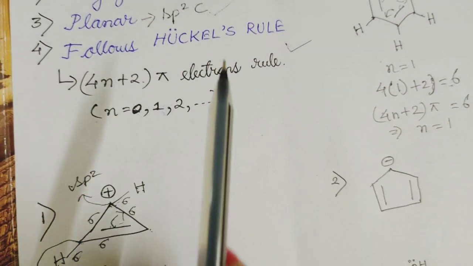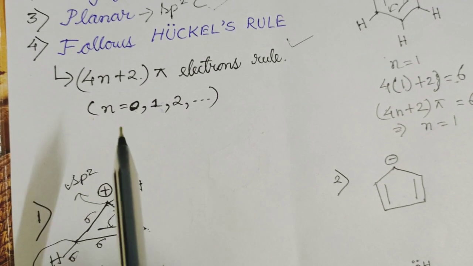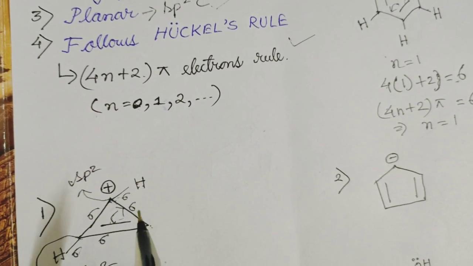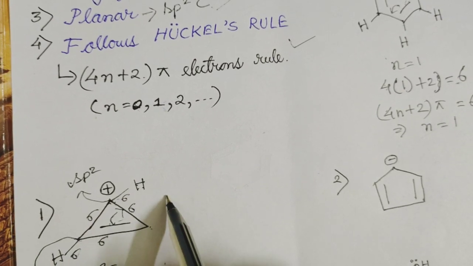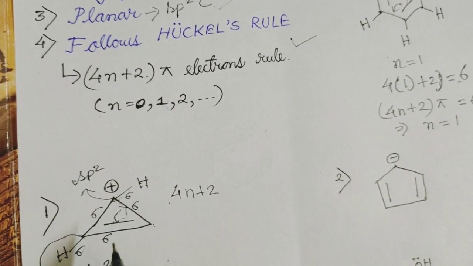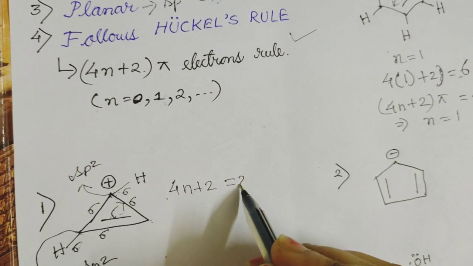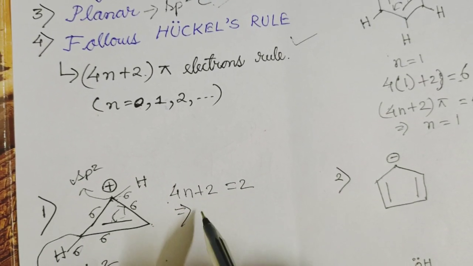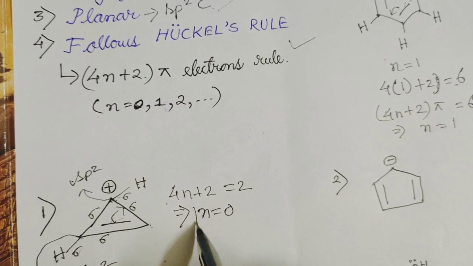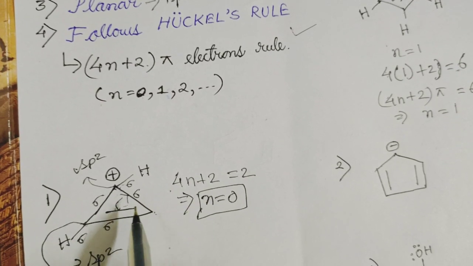And the fourth criterion is Huckel's rule. To check it, we have to find the value of n. If n is a whole number, then the given compound would follow Huckel's rule. So we are given 4n plus 2 pi electrons. So we have to count the pi electrons. Here it is 2, so it equals 2. From here we would get n equals 0, as I was telling previously, this is the case where n would be 0.